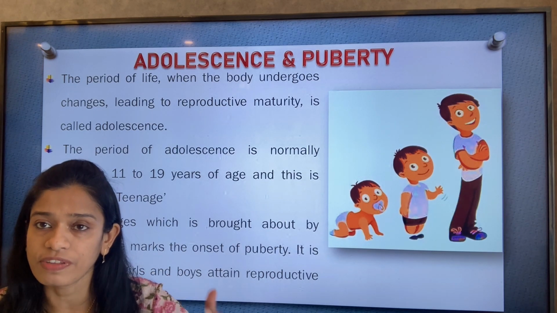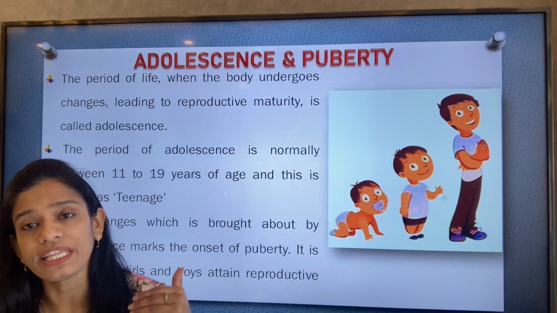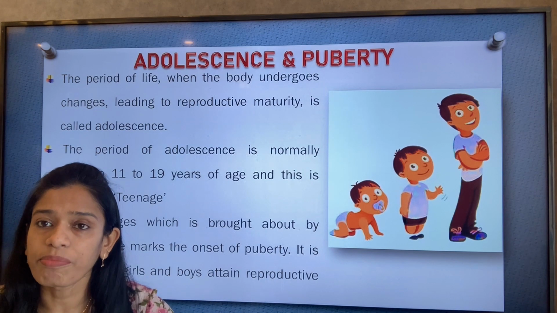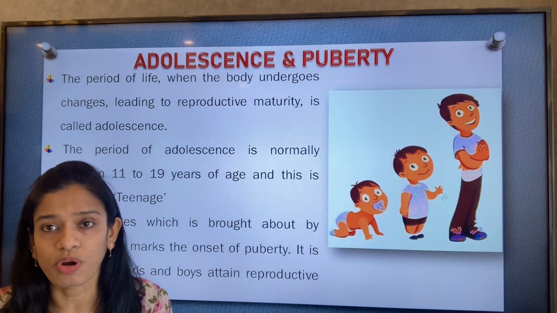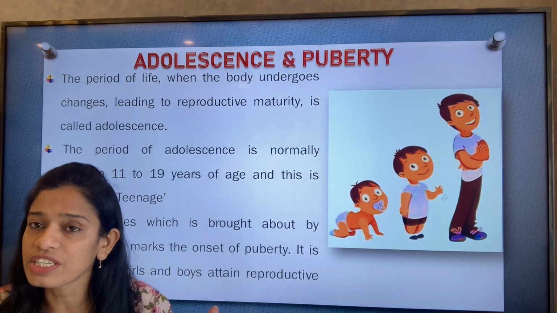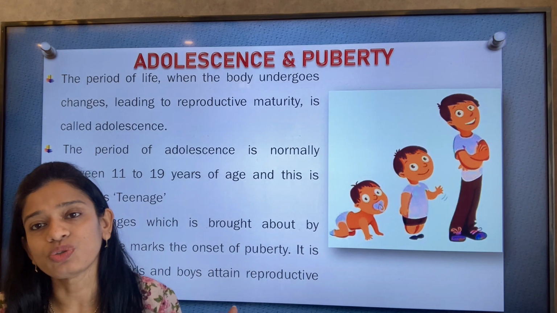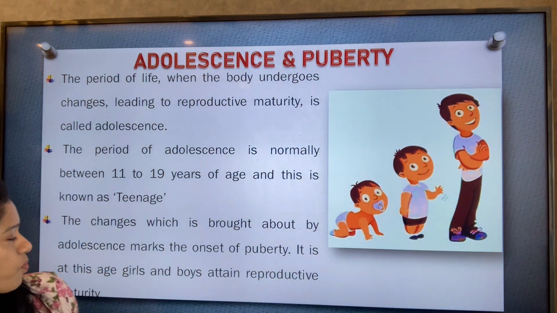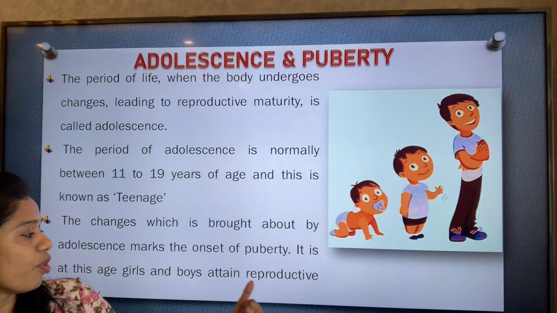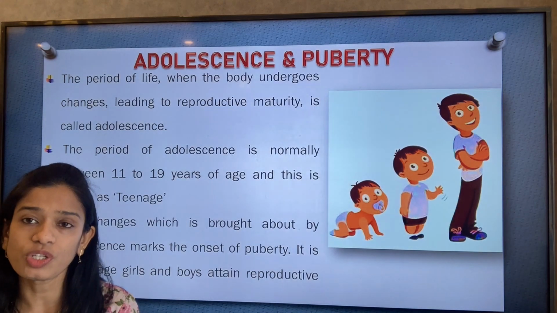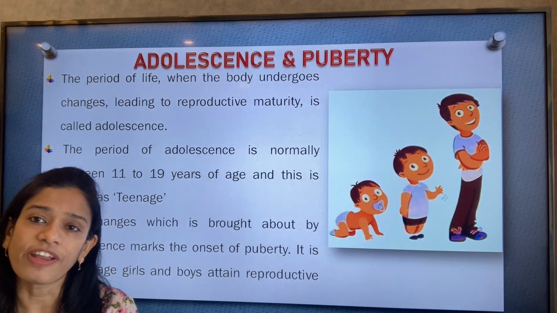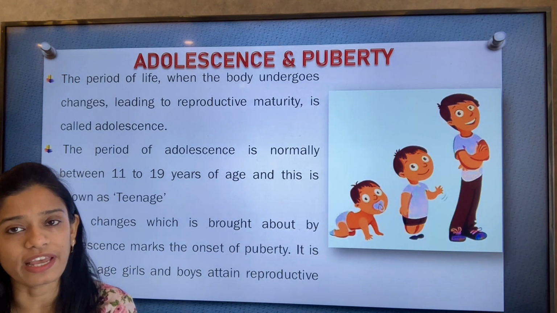When you are entering the age of 11, 12, 13, you are in the age of adolescence, and the changes that take place in the body are due to the onset of puberty. Adolescence marks the onset of puberty. It is at this age that girls and boys attain reproductive maturity. I told you this is pertaining to reproductive maturity. This is a very important stage of our life cycle.